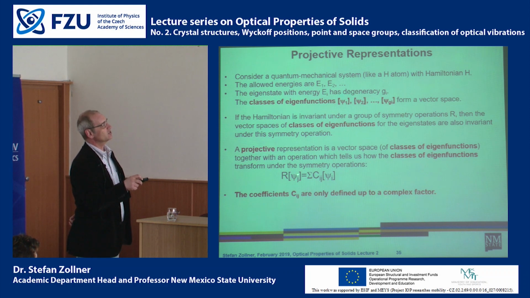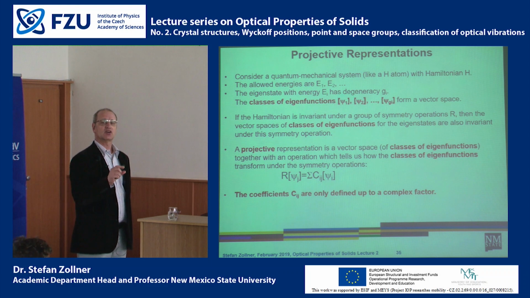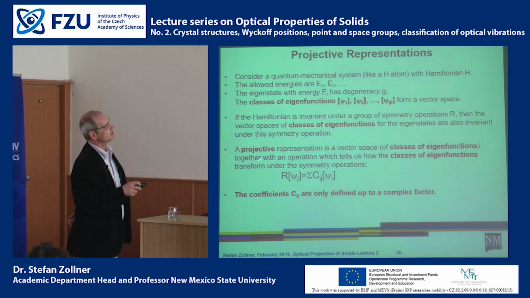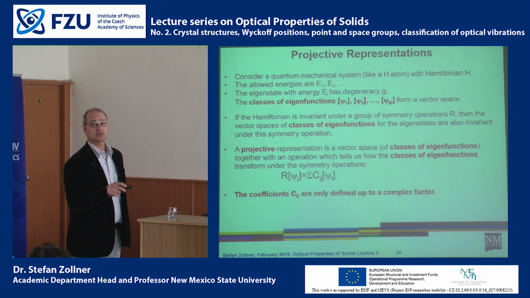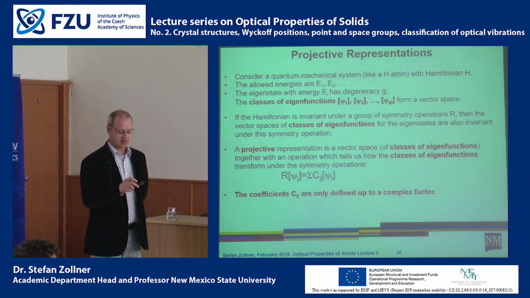This type of relationship really talks not about rotating a wave function, it talks about the rotation of a quantum mechanical state that belongs to that wave function. That is called a projective representation, because the projective representation takes into account that the quantum mechanical phase cannot be determined.